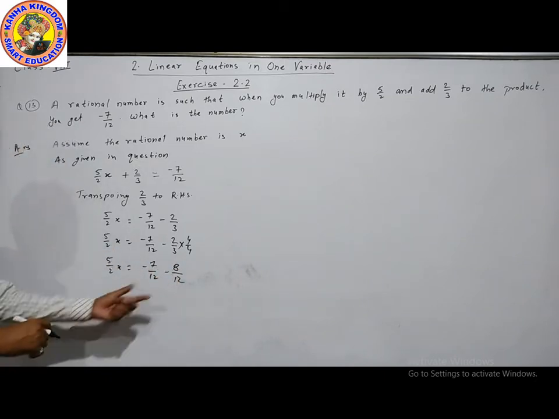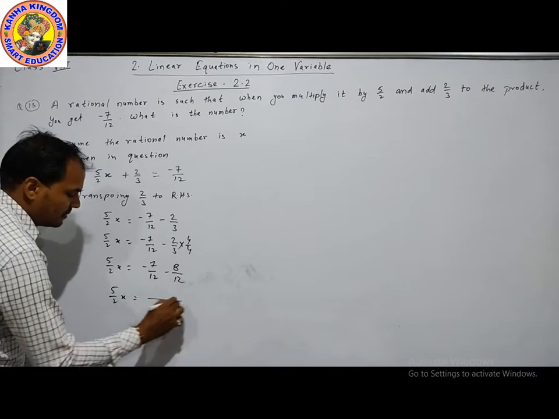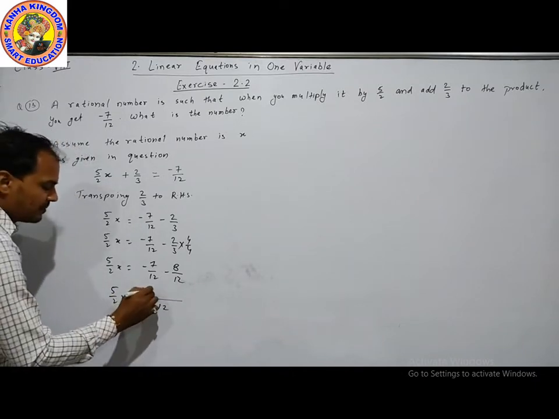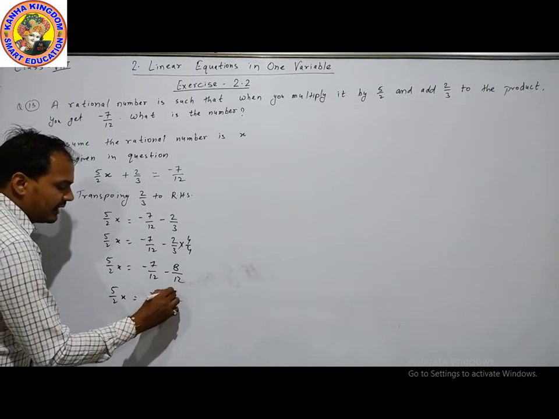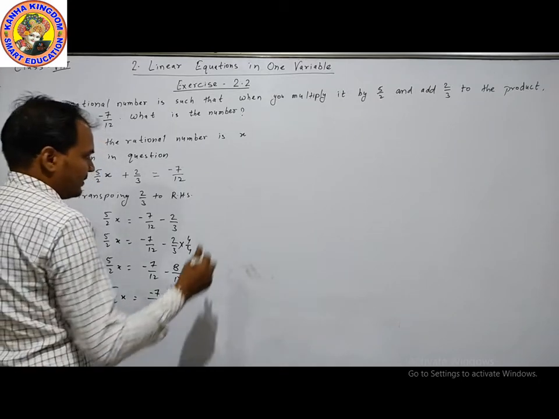When the denominator is equal, 5 by 2x is equal to 12, minus 7 and minus 8. Minus 7 and minus 8, we will get minus 15.